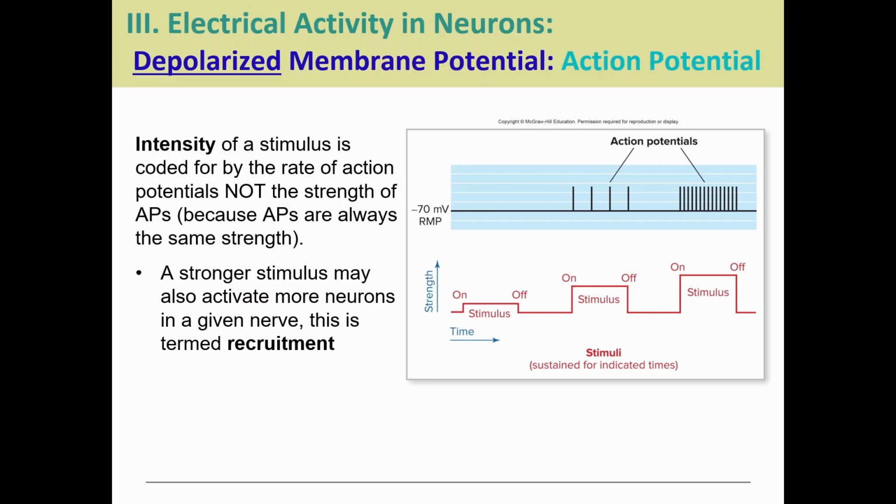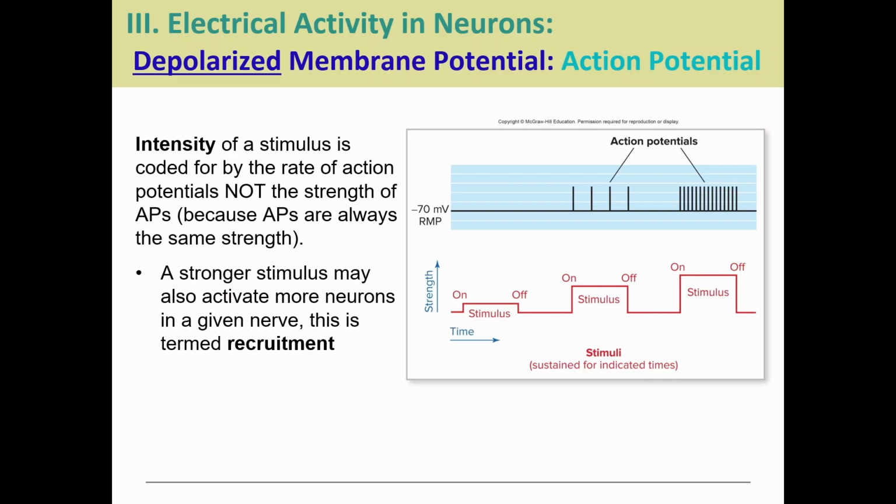So the intensity of the stimulus, basically this is looking at the rate of the action potentials, not the strength. Because remember, unlike graded potentials, action potentials are all the same. Graded potentials have variance in strength. Action potentials, it's on or it's off. That's it. So intensity is not from the strength, it's from how many you are getting, how fast.